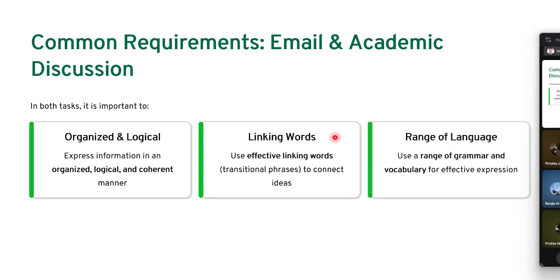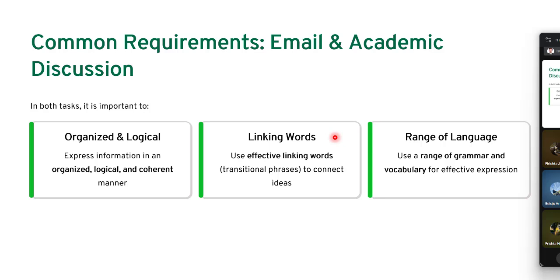The third thing is the range of language. In both tasks, in the email and in the academic discussion task, it evaluates the test taker's ability in using a variety of grammatical structures, and similarly the vocabulary, how words are arranged, how words are used with the right collocation, and how grammatical structures are used from basic to advanced.